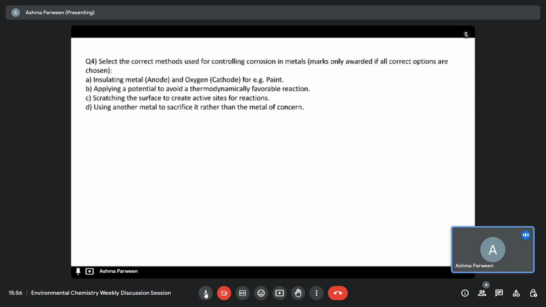The last one is using another metal to sacrifice it rather than the metal of concern. Generally, we coat some other metal on the surface of the metal to protect it from corrosion. So options A, B and D are the correct options. Only C is incorrect. So let's move to the next question.